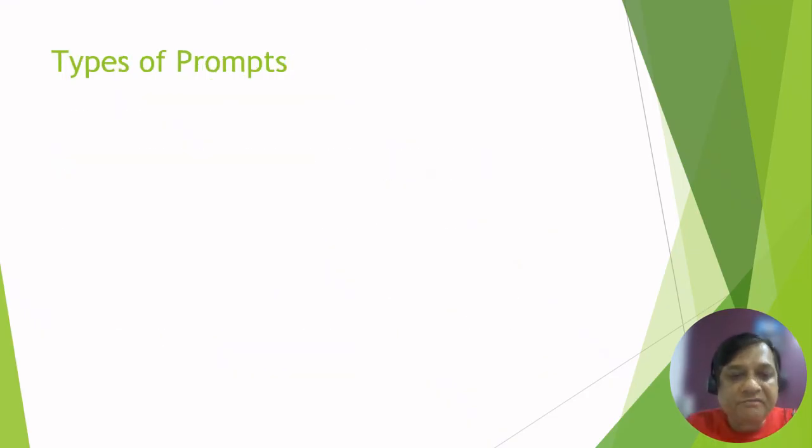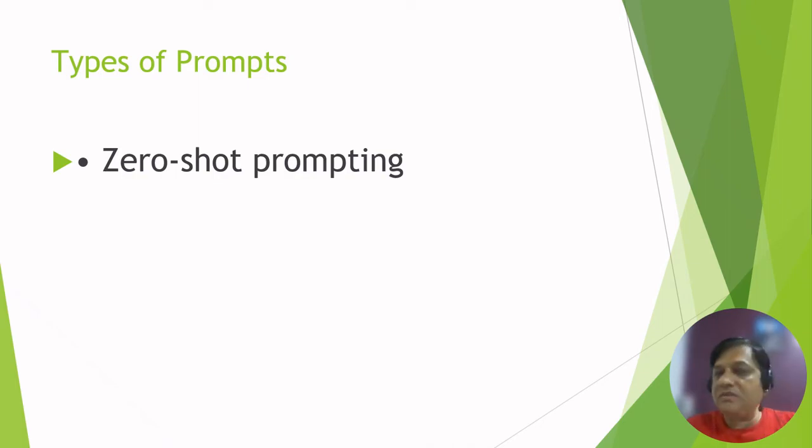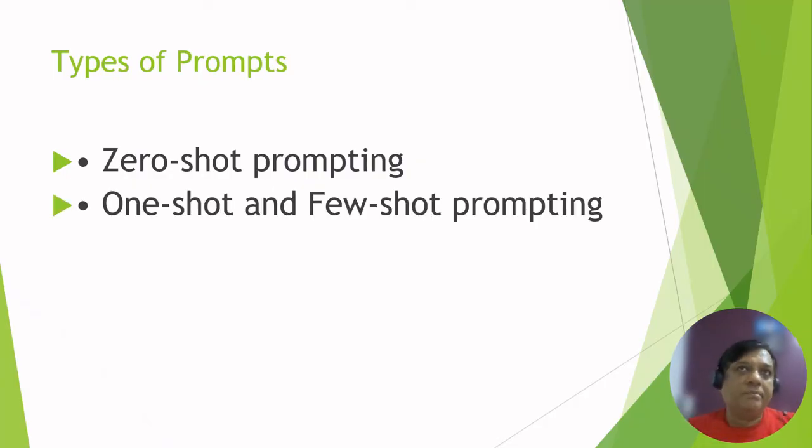So types of prompts: there is zero shot prompting, which means no examples are given. For example, you just say the food is fantastic, what is the feeling, what are the semantics? So it will say it's positive. But in one shot, you give an example: if I'm saying the food is fantastic, please give the semantic as good, and if I say the food is not good, is tasteless, then please give it as bad.